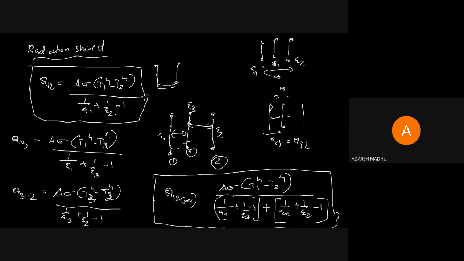Okay, so the ratio of Q12 net, which means with the shield, divided by Q12 without the shield, equals this component divided by that component.